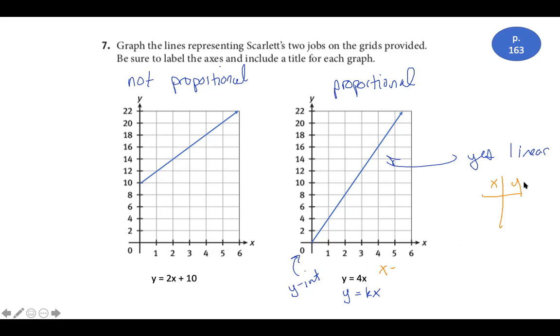So here's x and here's y. When the input is 1, the output is 4. What if I multiply 1 times 2? I multiply the input times 2, and I multiply the output times 2. Is that a point on my line? Well, 1 times 2 is 2, and 4 times 2 is 8. 2, 8 is a point on my line. So if I double the input, I will double the output.